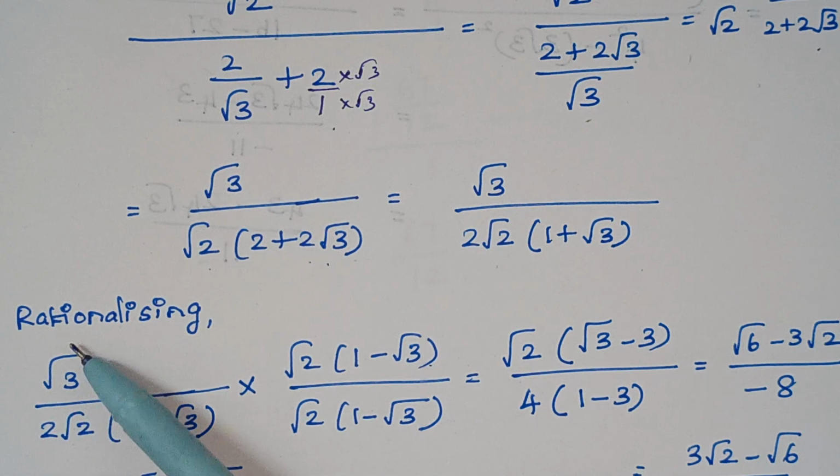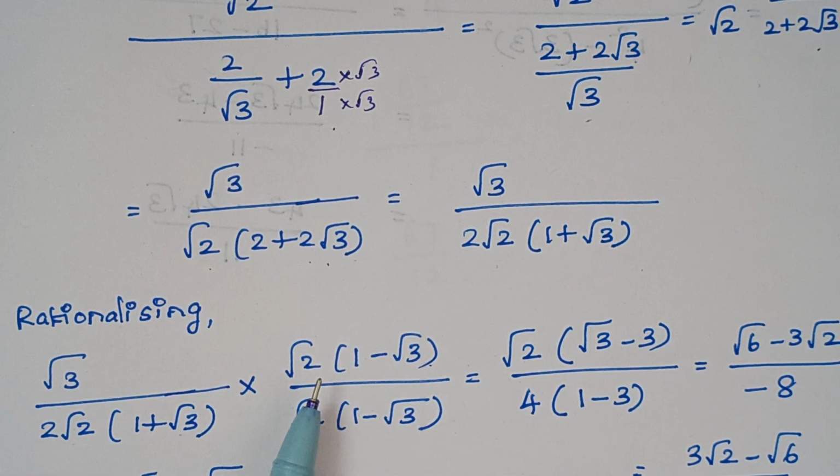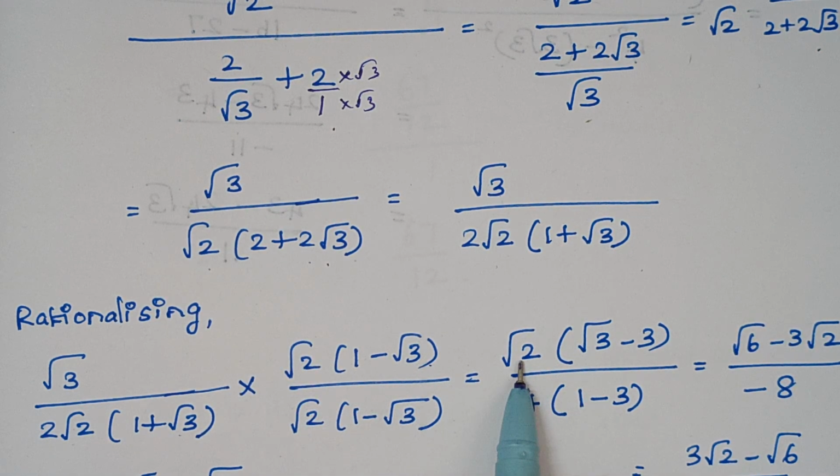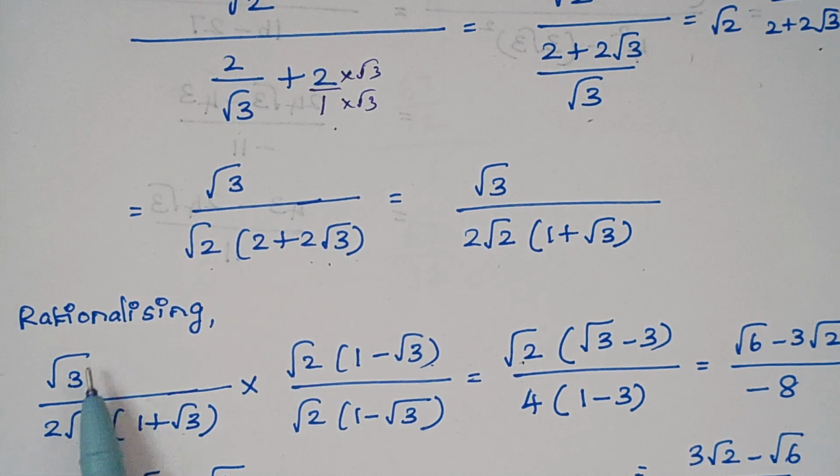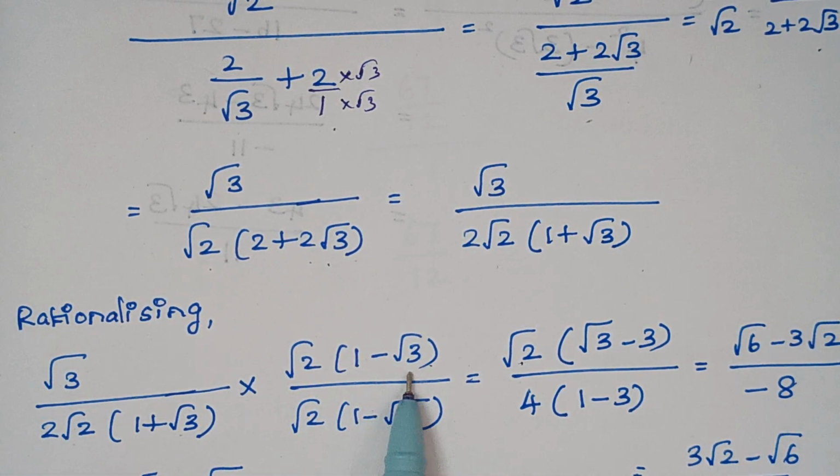So root 3 by 2 remains as such. Here we are multiplying by root 2 into 1 minus root 3 divided by root 2 into 1 minus root 3, right? The next step is, I am keeping this root 2 as such here and I am multiplying root 3 with 1 minus root 3.